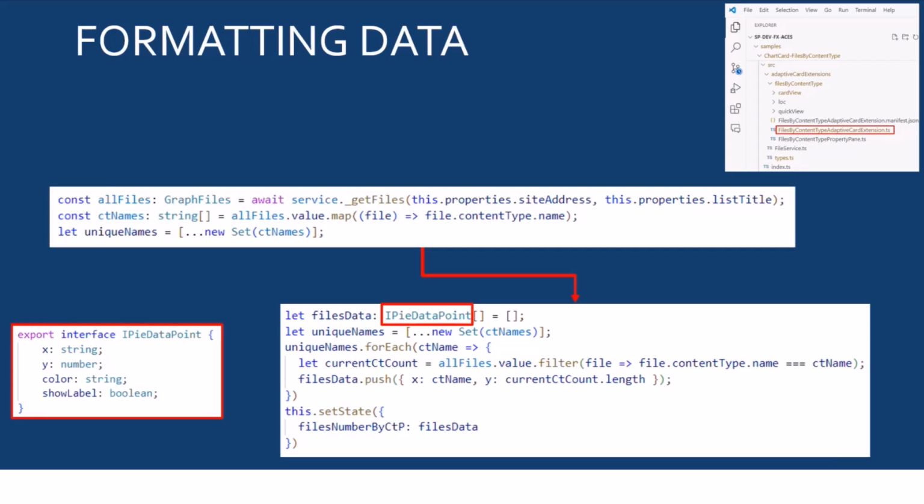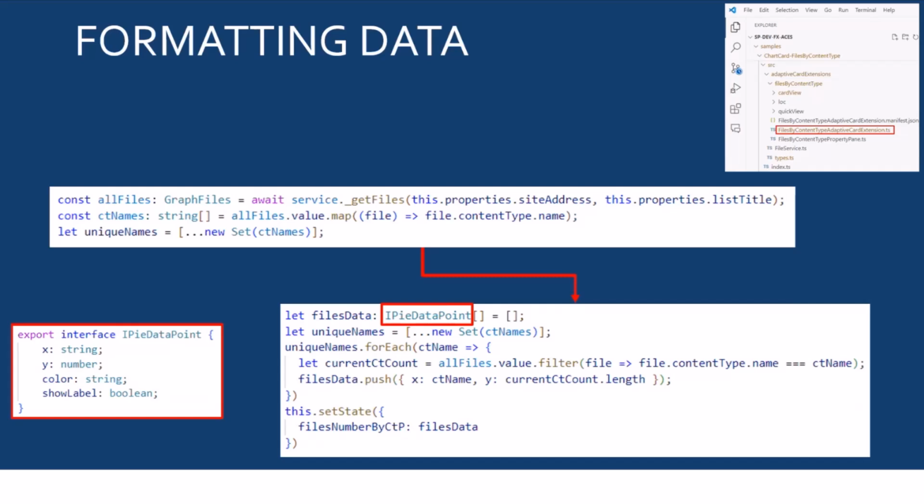Once I have my, let's say, raw data, I want to format it to bind it with my pie chart. To do that, the first thing that I want to have is a list of content type names, but without any duplicates. So this is what I'm going to do with this new Set.